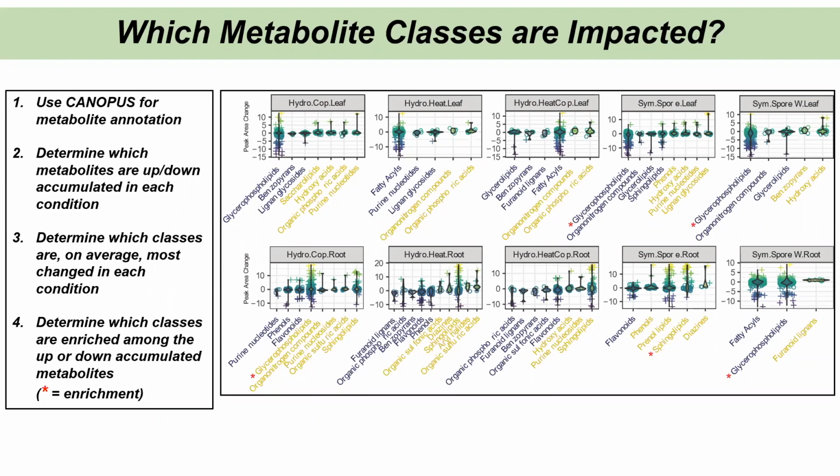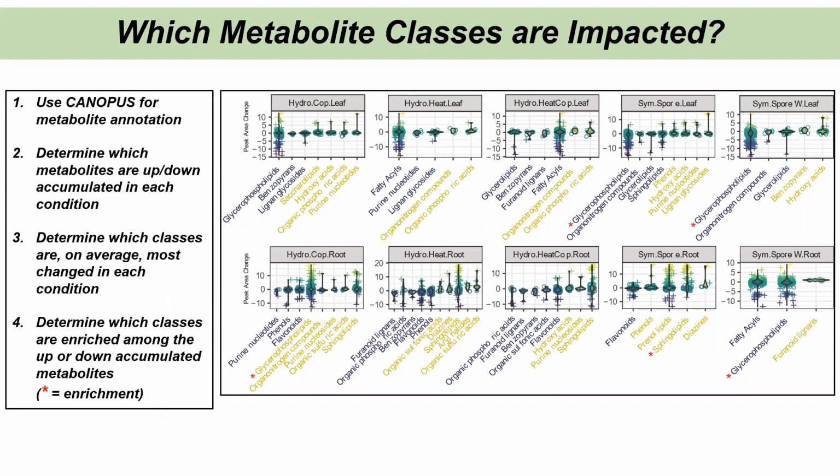Each metabolite class shown here represents a class that is, on average, highly perturbed under this condition. The ones in purple are on average strongly depleted. The ones in yellow are on average strongly accumulated. And if a class has an asterisk next to it, it is enriched amongst the strongly perturbed metabolites in this particular condition.